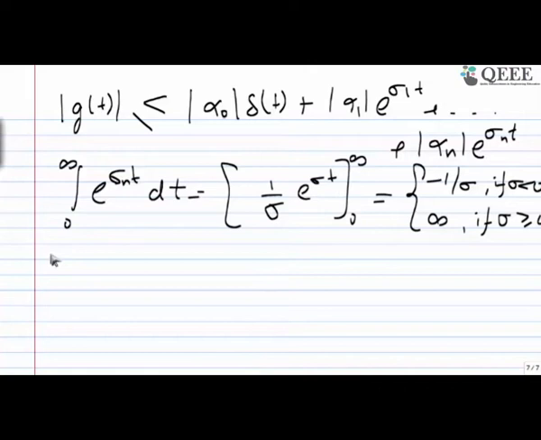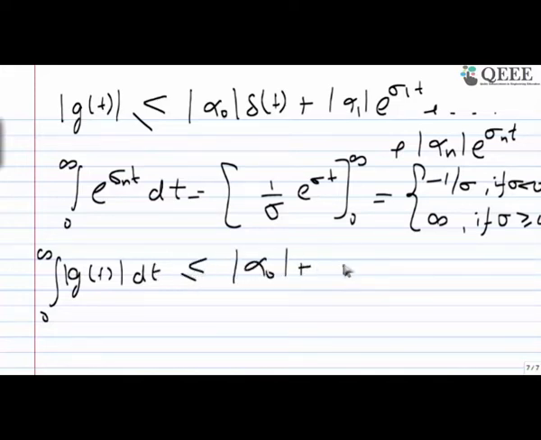Okay, basically why I'm doing this is because I need to compute the integral of this mod of g of t. So if I take the integration of the first equation, what it will give me is alpha naught plus alpha 1 over sigma 1.